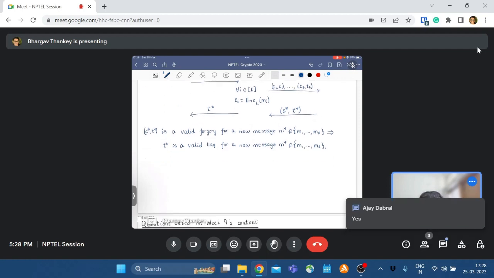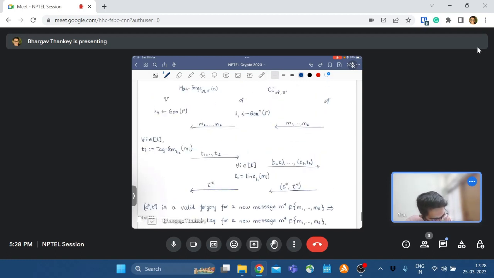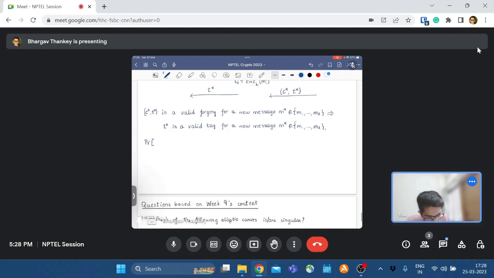So the probability that, okay, this is the first event and this is the second event. When the first event happens, then A prime wins its game, and the second event happens when A wins its game. So we have this because of this implication: whenever A prime wins its game, A also wins its game, right?